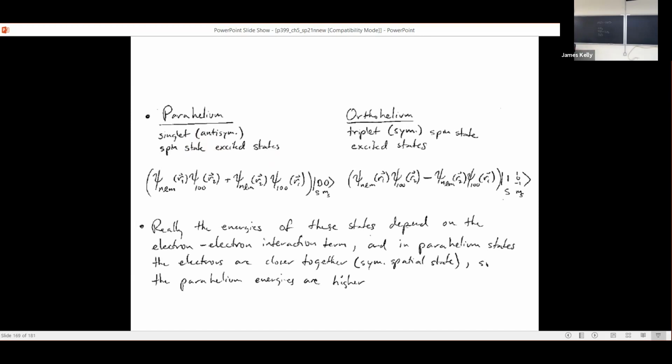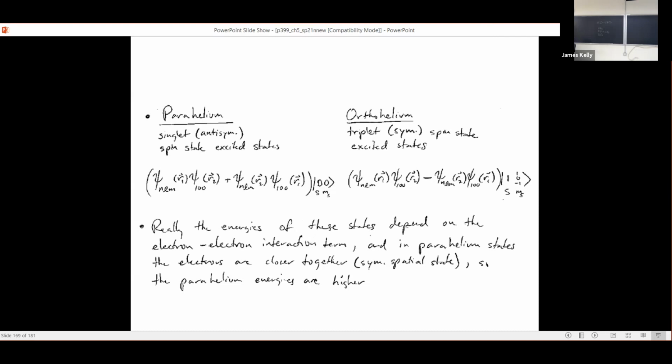Now, all of this is predicated on the fact that we've ignored the energies of the electron-electron interactions. In the case where we make the spatial wave function symmetric, that's parahelium, the electrons tend to be closer together on average because we've made it symmetric.